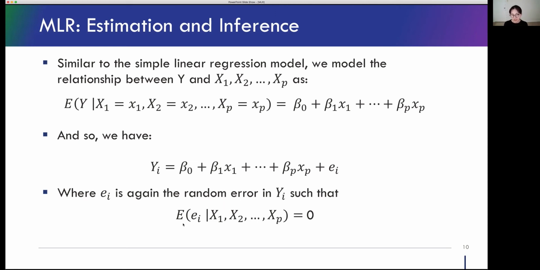And the expectation of ei when x1 to xp are given is 0. So all the assumptions are the same as before. All the structures are the same, except that we have more than one predictor here.